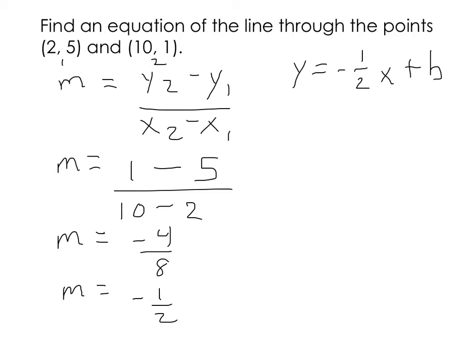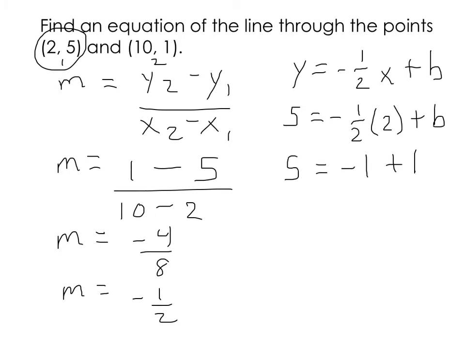What is b? I don't know. We need to calculate it. So we need to choose one of those points. It does not matter which one. I'm going to choose this one because I want to. Substitute x equals 2, y equals 5 into the equation, and then we can solve for b. So that gives us 5 equals negative 1 plus b.